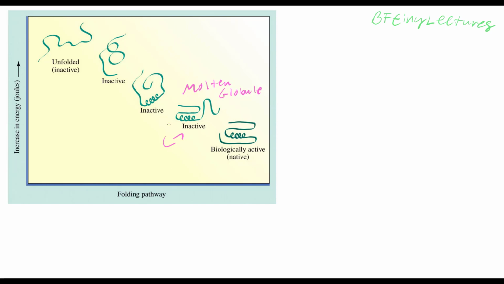Okay, so it's going to have a large portion of its amino acids interacting with the water, and the problem is that molten globules are typically hydrophobic. Okay, so that's not a really good state. It's like, oh, we're getting there, we're getting to the perfect form, but still we're not that good. So molten globules are the step before the native species or the biologically active protein.